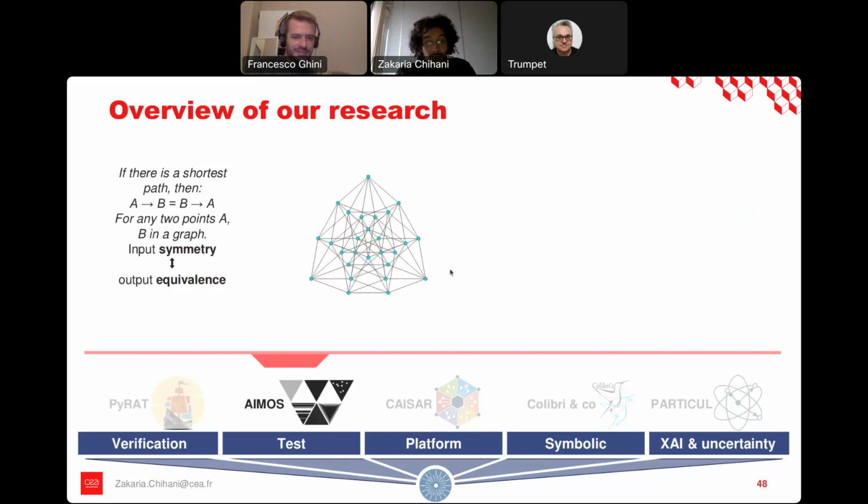So AMOS, for AI Metamorphism Observing Software, is a test generating tool based on metamorphism. Metamorphic testing, in a nutshell, is where you take a relation on inputs and a relation on the outputs of these inputs, you generate inputs based on the relation on the inputs, and you check that the relation on the outputs holds.